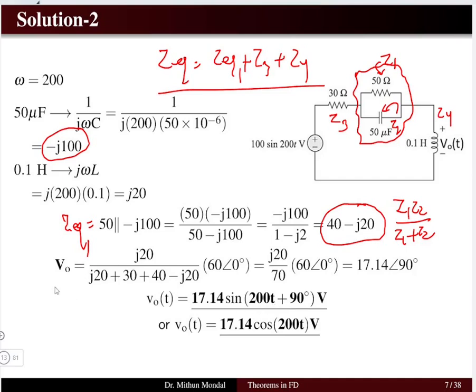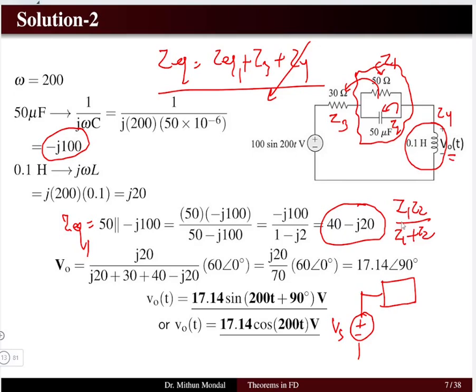Now we can apply the voltage division rule. So our circuit has a source, Vs, and then the total impedance, the series combination of these. One thing is that we need to calculate the voltage across this impedance. If I take Z4 into the combination, I will not be able to find the voltage in one step.